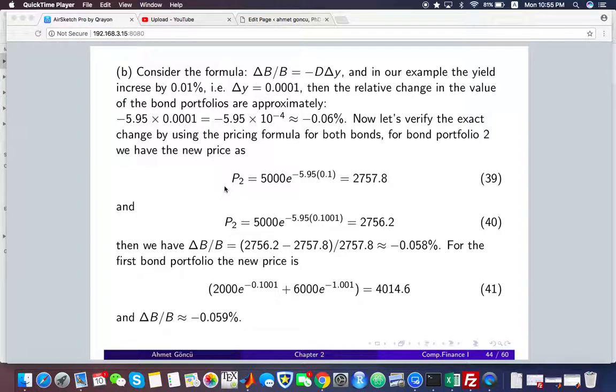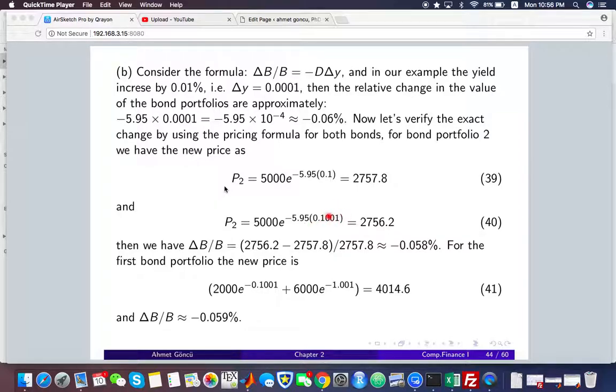Now we can verify the same change by using the pricing formula for both bonds. For bond portfolio 2, you can simply compare the old price with the new price. The new price is obtained when the yield increases by 1 basis point.